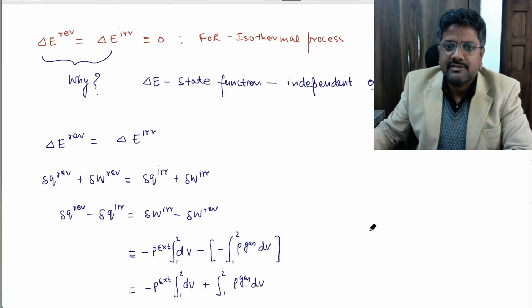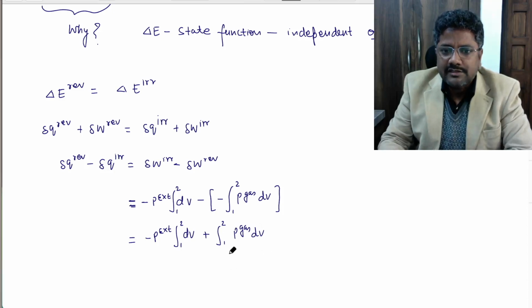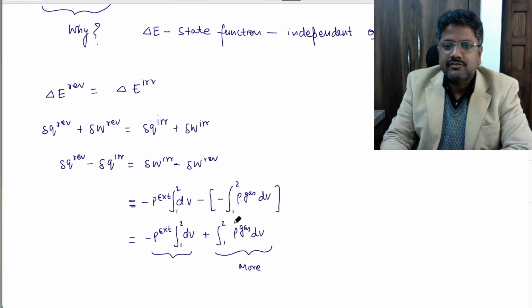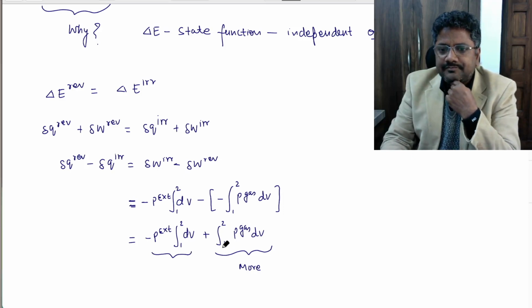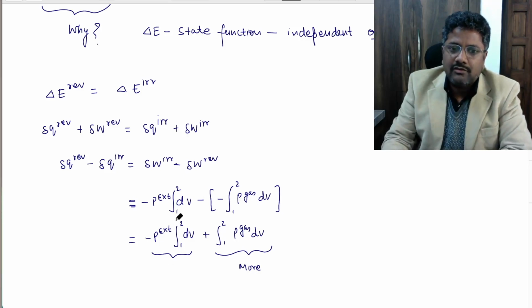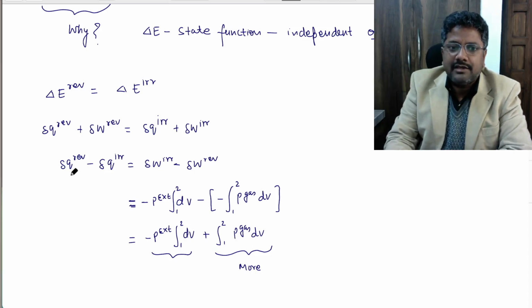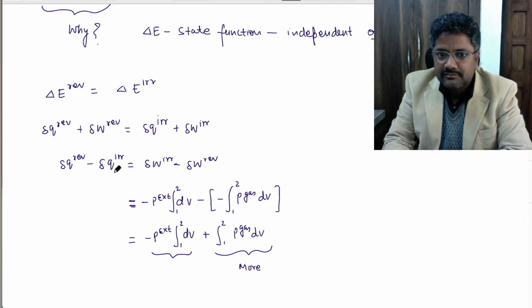Now tell me, for expansion, which term is more? Obviously this term, the W reversible, is more than this term. So this value is positive, because of the minus and minus. So overall the right hand side is positive, and this will be positive only when Q reversible is more than Q irreversible, right?